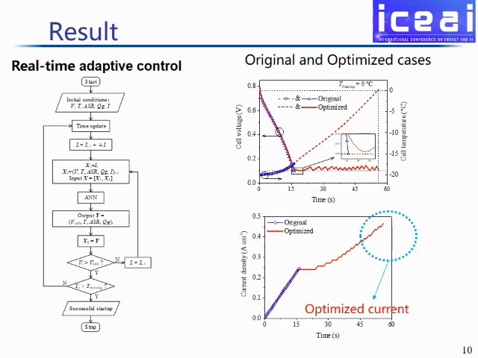This is a flowchart of the new strategy based on the data-driven model. Those two figures show the influence of the original strategy and the optimal strategy on the cold start performance of the PEM fuel cell, and the specific evolution of the current density under the original and the optimal strategies is shown in this picture.